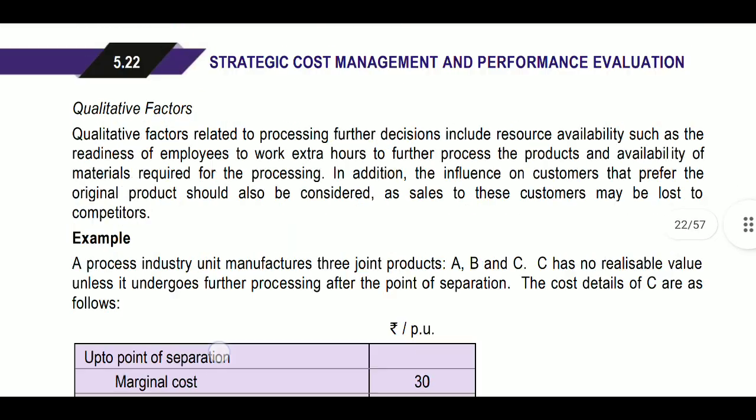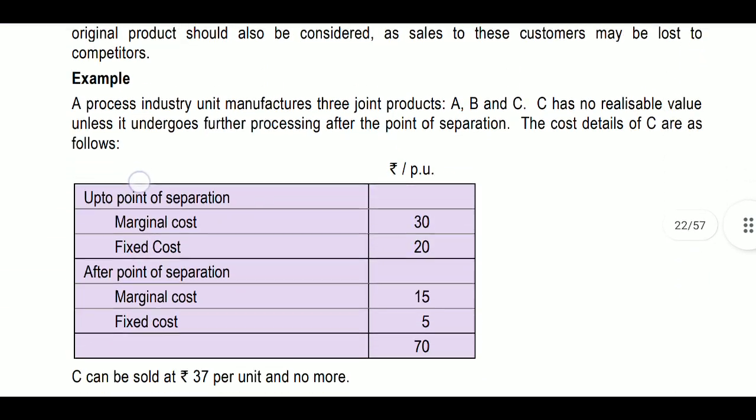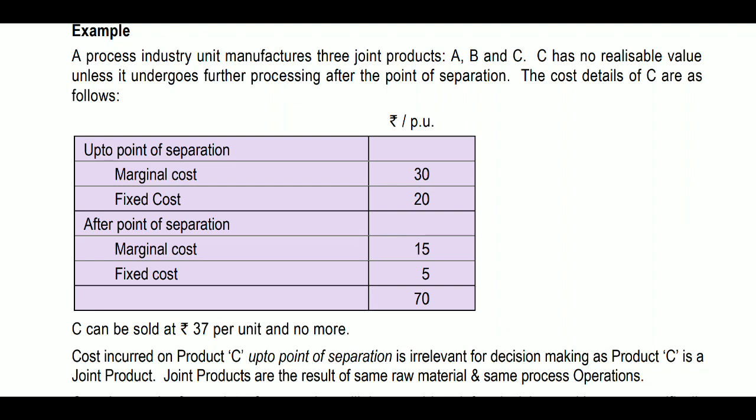This point only we will explain here. So only the incremental cost and revenue of the further process are relevant, the joint process cost is irrelevant. So this 30 and 20 is the joint process cost, it is irrelevant, that is a sunk cost. After the point of separation, whatever expenditure you are incurring, that is 15 plus 5, is related to our cost.